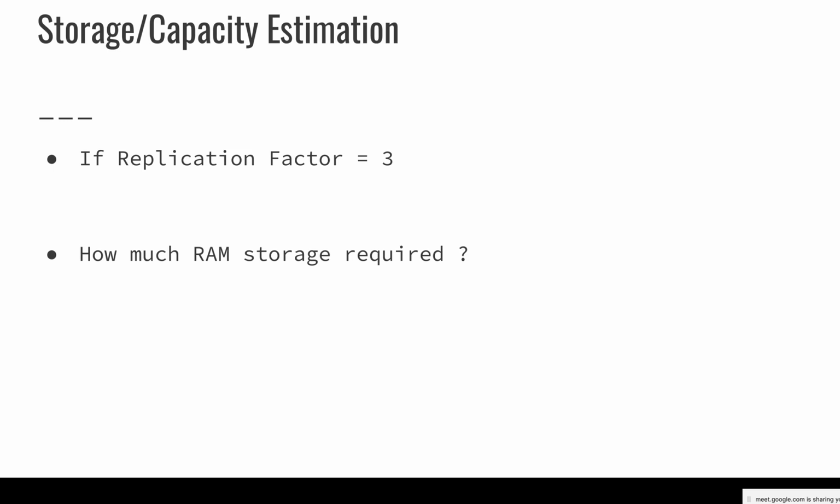To store 3 copies per object, you are going to require thrice the storage, simply 15 GB. So 15 GB is the amount of storage that you are going to require to keep your cluster highly available with the replication factor of 3.